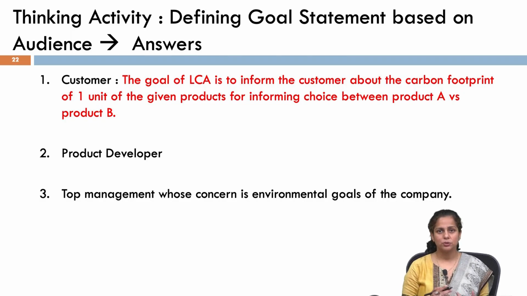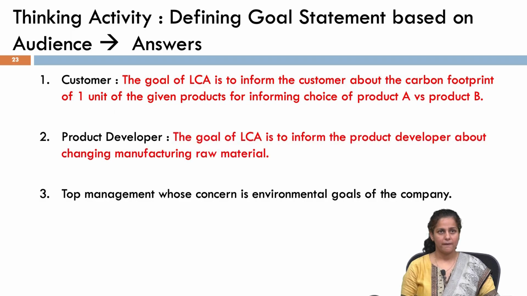So, you could have two different materials used for making the paper cup, and your goal of LCA would be to inform the customer about the carbon footprint of one unit of paper cup from each of those. So, that will help the customers to make a choice between whether they want to use product A, which will be made of one material, or product B, which is made from some other material.